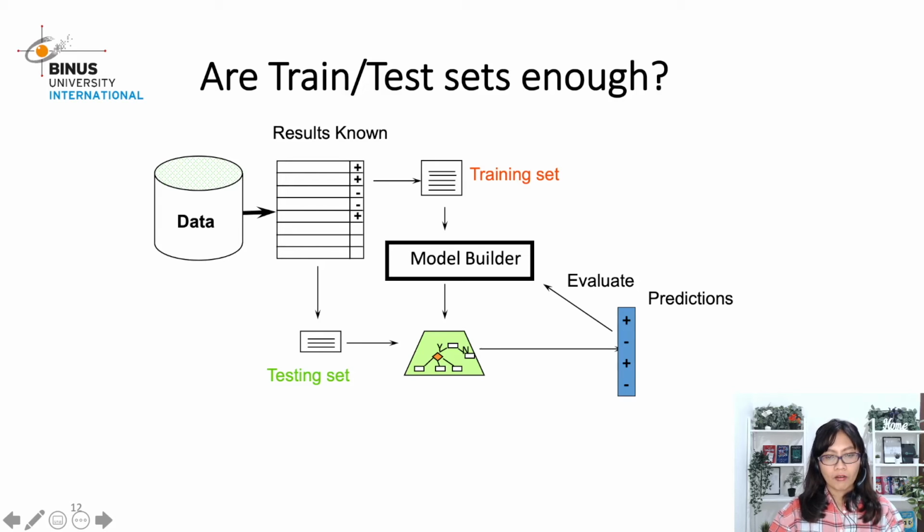Based on these predictions returned by our classifier, we can evaluate whether this model is good enough, general enough, and whether it has already reached the desirable performance. If not, we need to tweak or tune our model, and it keeps repeating like that.